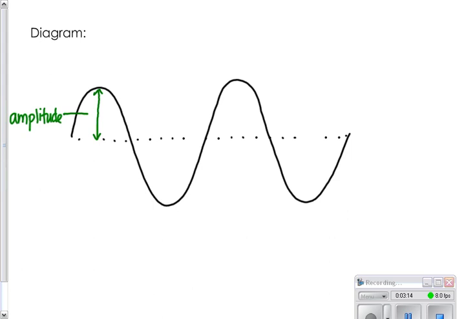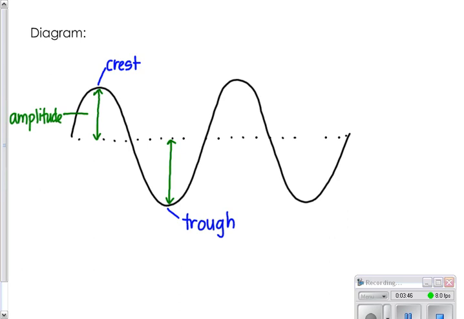That same height above the resting position should be the same as it is below the resting position. The highest point is called the crest, and the lowest point is called the trough. If I were to flip this wave upside down, the crest would become a trough, and the trough would become a crest.